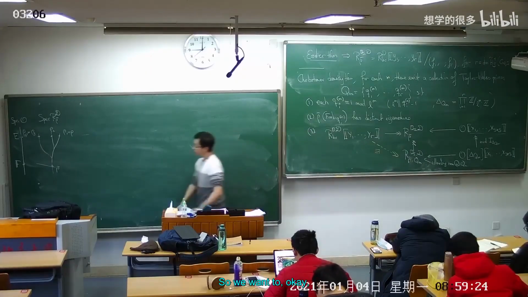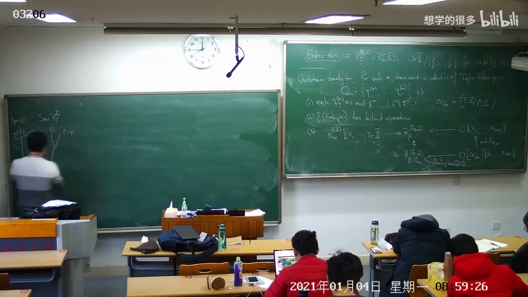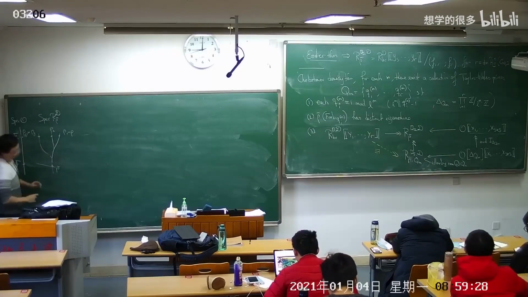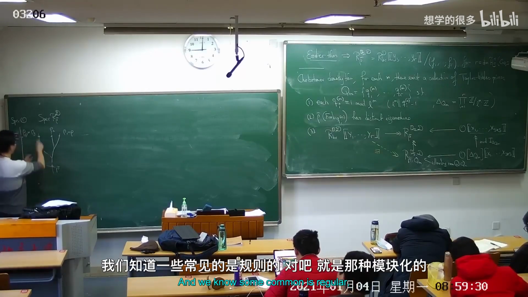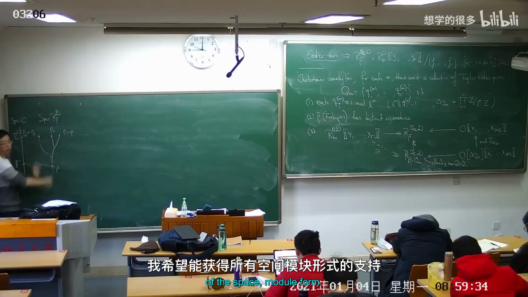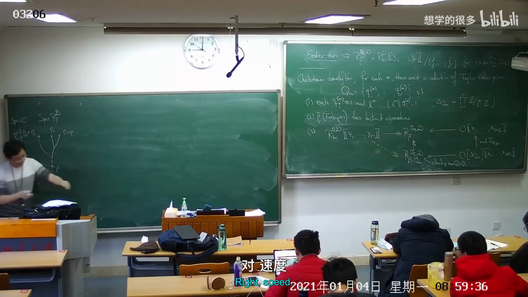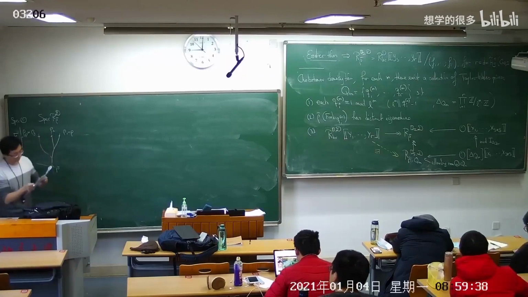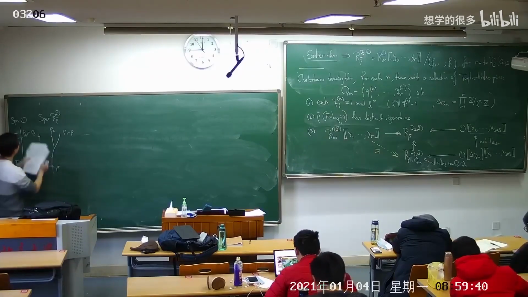So we'll have this deformation ring, and we know some components are modular. I want to know the full support of the space of modular forms. Let me just write the space.